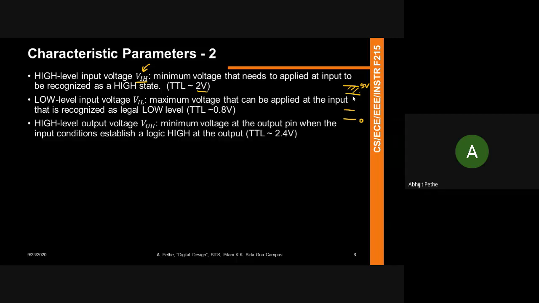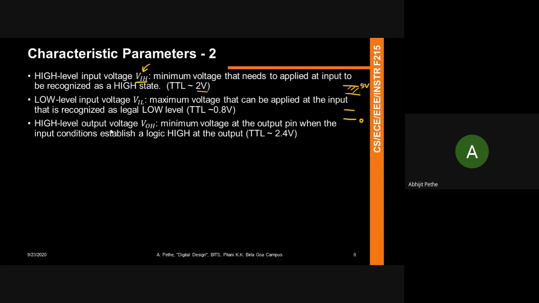Similarly, like how we have voltage requirements at the input side, you also have the same at the output side. At the output side, VOH is the minimum voltage at the output which counts as an output high. And these two don't need to be equal. The other point I want you to remember is that VIH needn't be equal to VOH. Why is that? Because VIH might be at the base of the transistor, while VOH might be coming from the collector of the transistor. There are different semiconductor devices associated with the node you're pulling the output from.